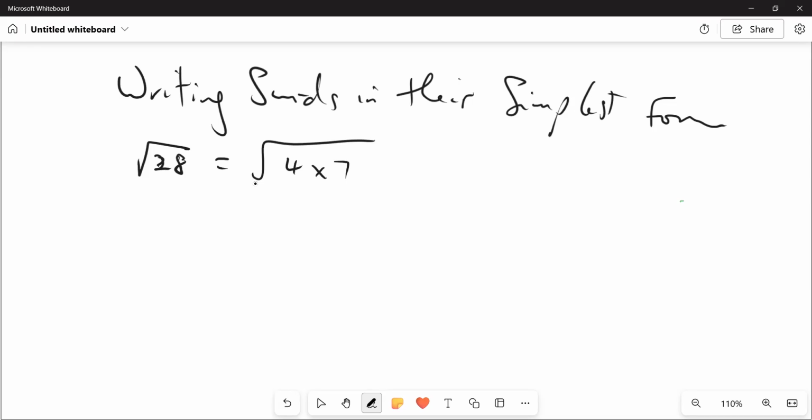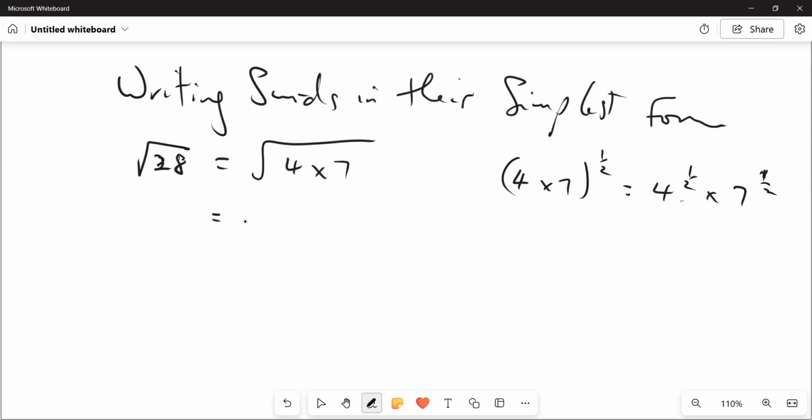So there's a rule that allows you to split this up. And I don't want to appeal to indices here, but if you know a little bit of indices, this means 4 times 7 to the half power, and this can rightly be written as 4 to the half times 7 to the half.